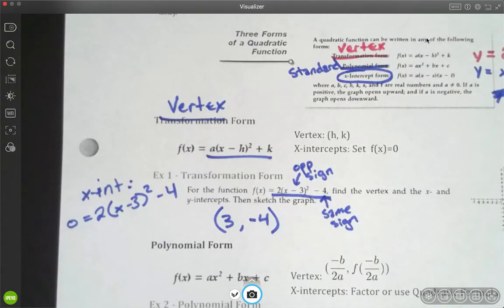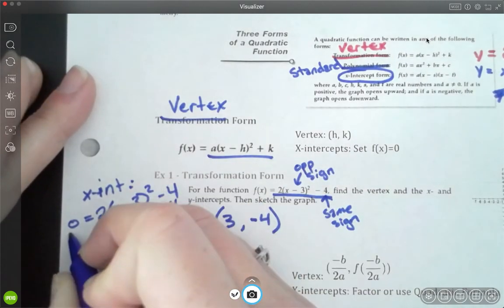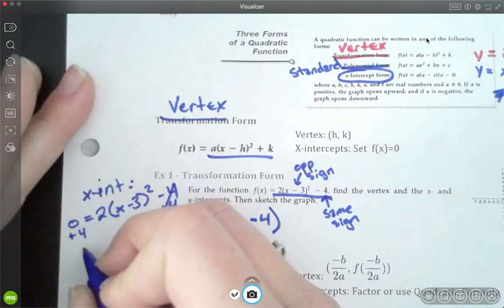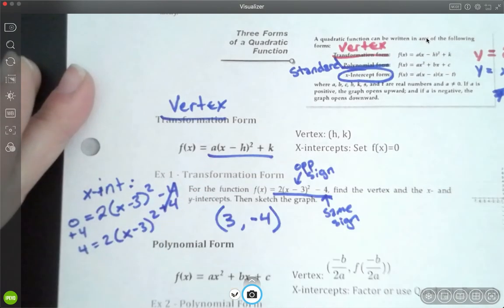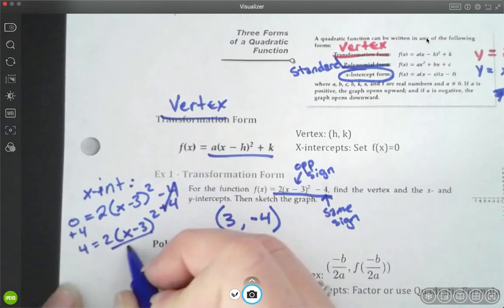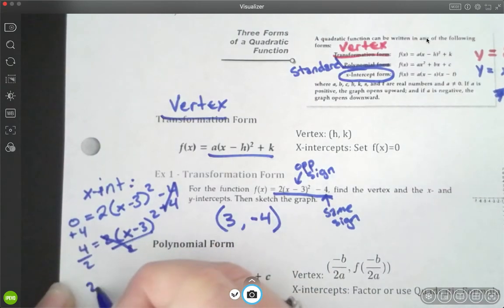How do I solve for x here? No, we don't want to FOIL. We don't ever want to FOIL. Add the 4. We've got to get the number by itself. So 4 equals 2 times (x minus 3) squared. Divide by 2, exactly. So 2 equals (x minus 3) squared.